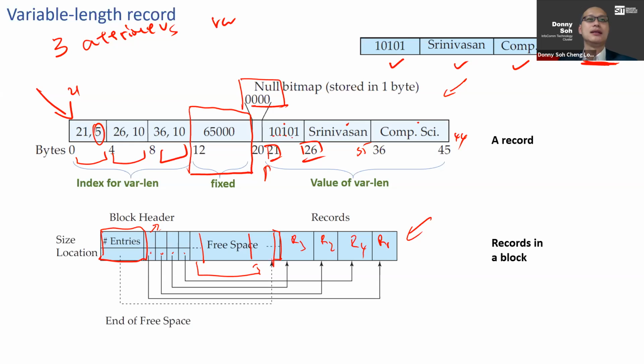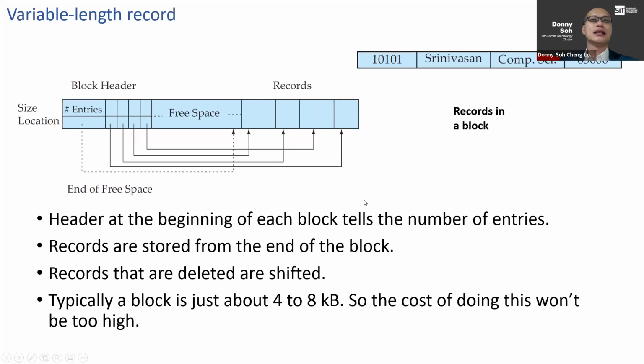So let's look at this slide. The header of the block tells us the number of entries, and records are stored from the end of the block. So we start from the end of the block. Records that are deleted are shifted down. If you delete the record, we shift it down.